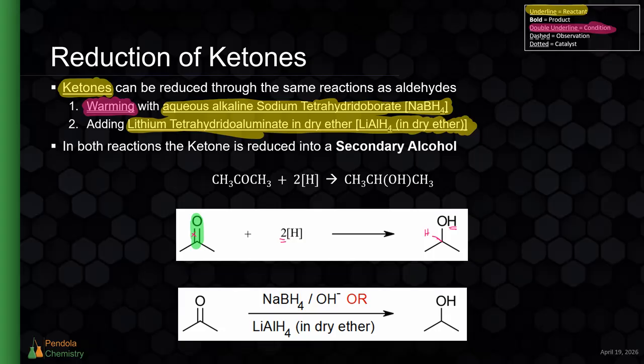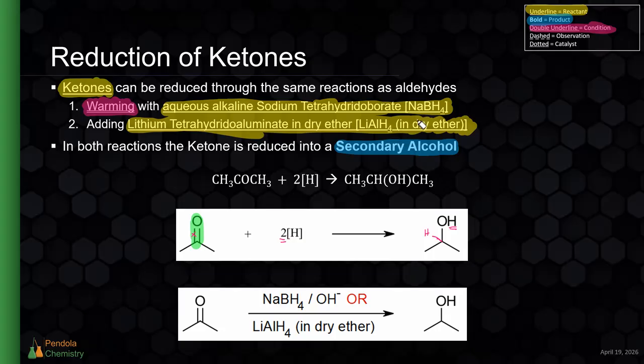So the only difference between the reduction of a ketone and the reduction of an aldehyde is not the reactants, it's the products. We will get a secondary alcohol with a ketone and a primary alcohol with our aldehyde.